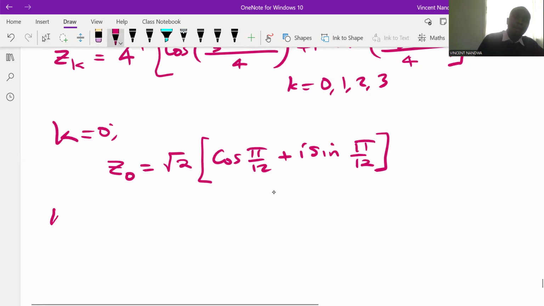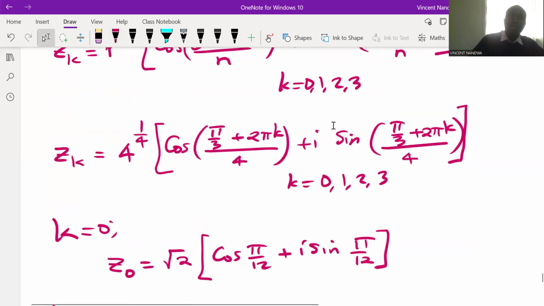Then k is 1, z1 will be square root of 2. So where does k put 1? So pi over 3 plus 2 pi, so a third plus 2 divided by 4. So we'll have 7 over 12 pi.